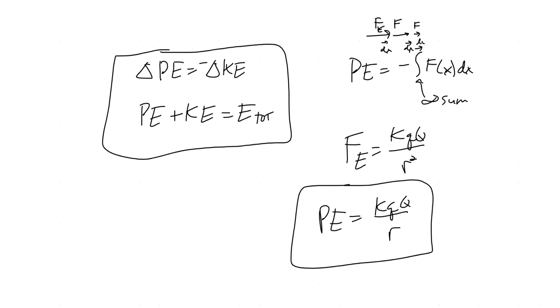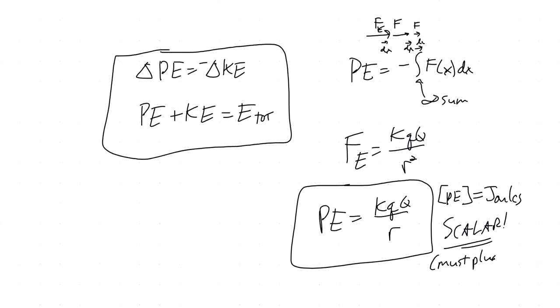So a few things. One, of course, energy is in joules. E is still field. PE is potential energy. This is a scalar, which means it's just a number, so you must plug in negative. This is not a magnitude situation because there is no magnitude of a scalar.